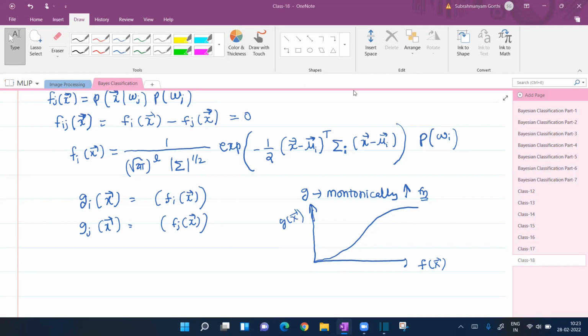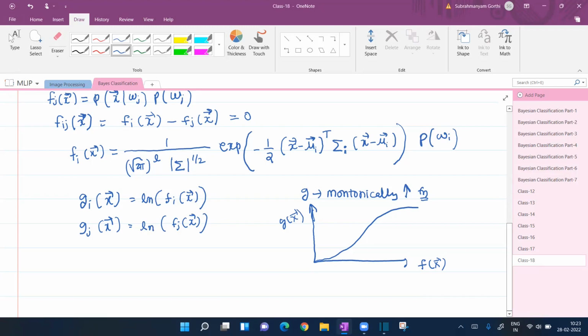So the natural logarithm to the base e is what you consider, because that would remove the need for calculation of the exponential there. So I'll simply write ln here, which means natural logarithm to the base e.